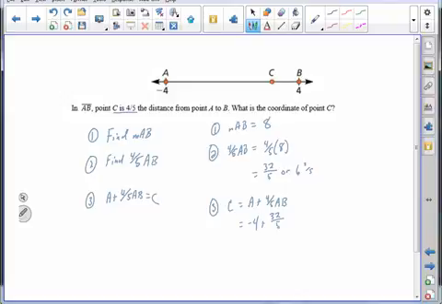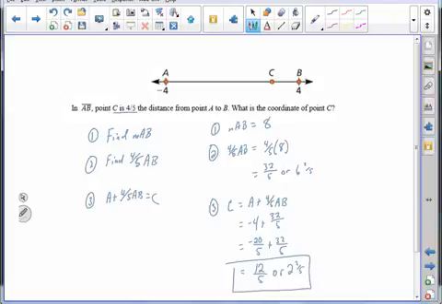So I'm going to multiply the -4 top and bottom, because remember, -4 is really -4/1. Multiply that by 5, and that will give me -20/5 plus 32/5, which would give me 12/5 as the coordinate for C, or 2 2/5, or I believe that would just be 2.4. Any version of those would be fine because they're all equivalent to each other.